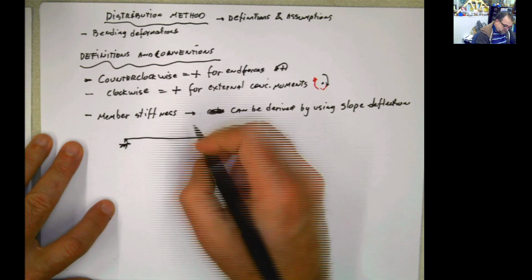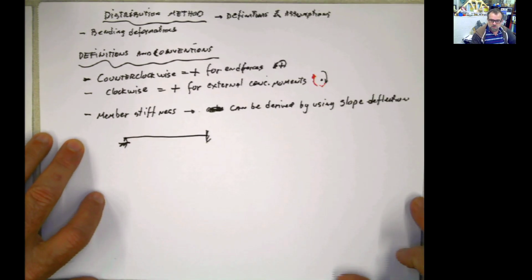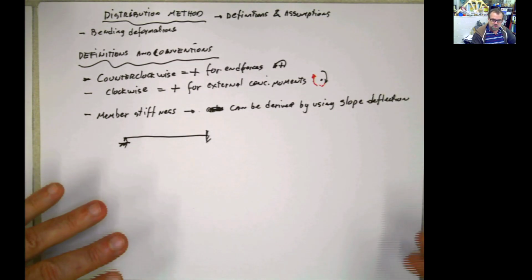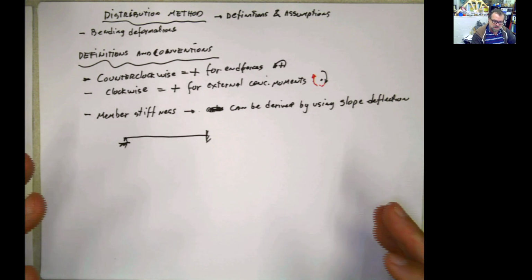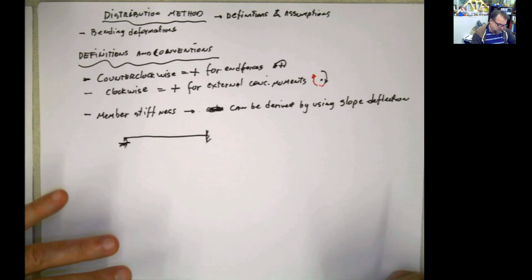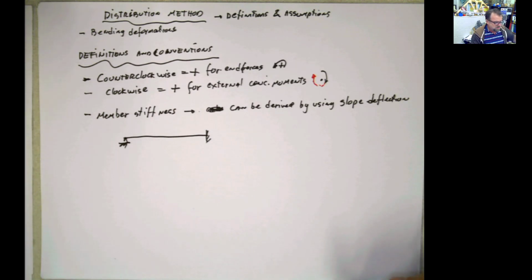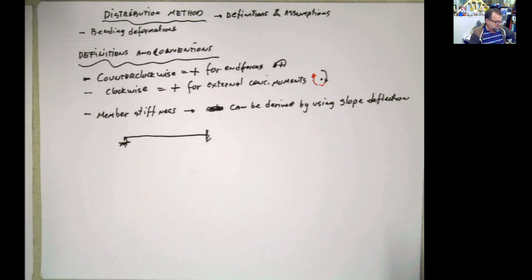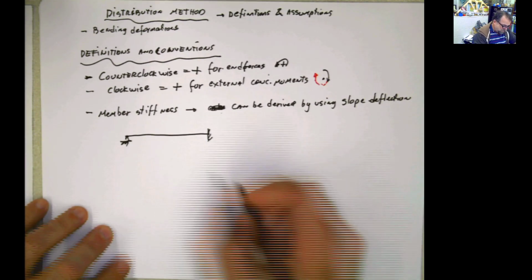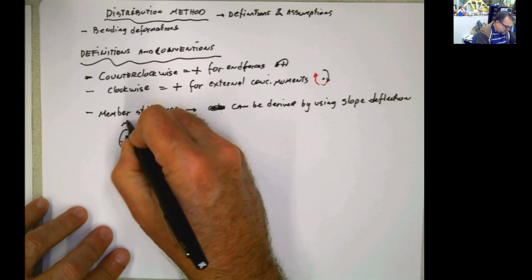By the way, if you guys are not really into definitions and assumptions and conventions, which I strongly suggest you to be, at least at this level, because then you're going to know what is happening, just go to the end of the video. I'm going to show this table at the end of the video, and in this table is everything that you need to know.